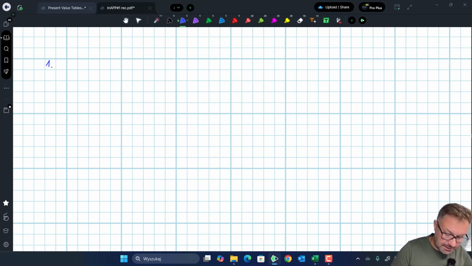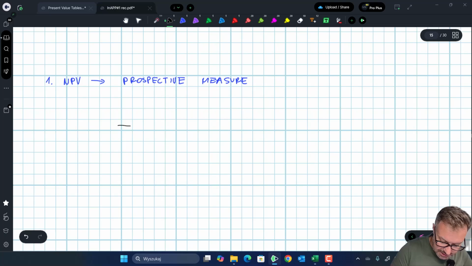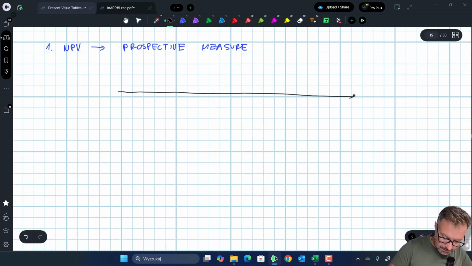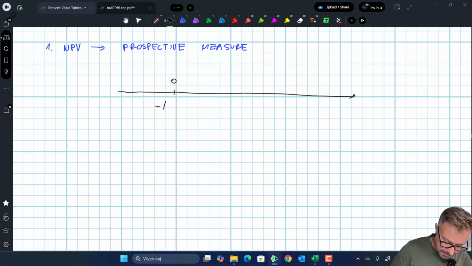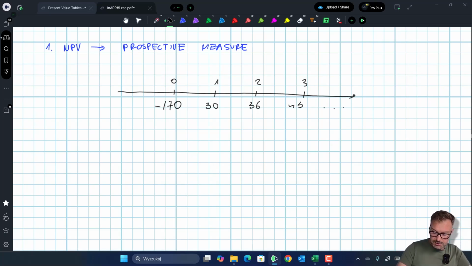The first thing that we need to notice is that NPV is a prospective measure. If we look at the timeline of the investment project, and let's assume this is the moment zero where the company is expected to make the initial investment of 170,000 euros, and then in the future, there is this time horizon of the project and the future expected cash flows of the project, and so on.